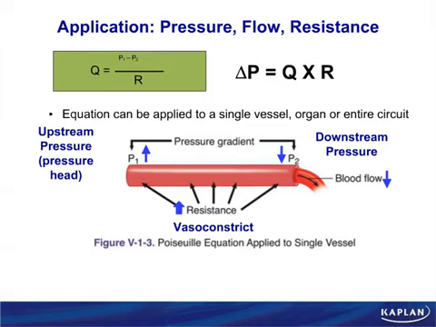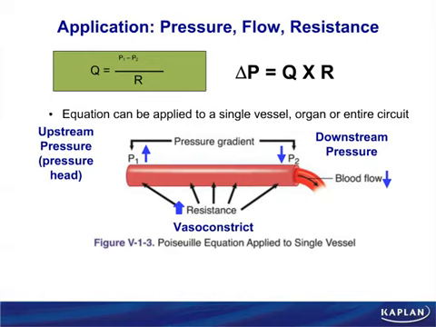Now, let's rewrite that equation. Notice what it shows. The change in pressure is equal to the flow times the resistance. That's the reason I use that sequence when I'm doing my relaxation. Deep breath in. Pressure, flow, resistance. Nice and relaxing.